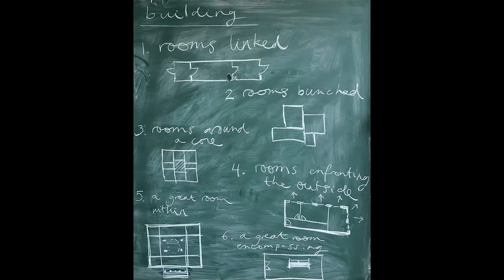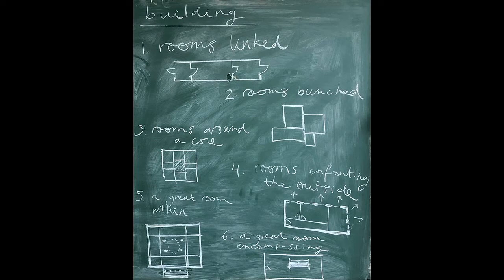Let's then go to building scale, architectural scale, and to be specific, the organization of the floor plans. The authors of The Place of Houses give 6 categories in this case. They say in a very simple way, rooms could be linked, just one room after the other in a linear sequence.